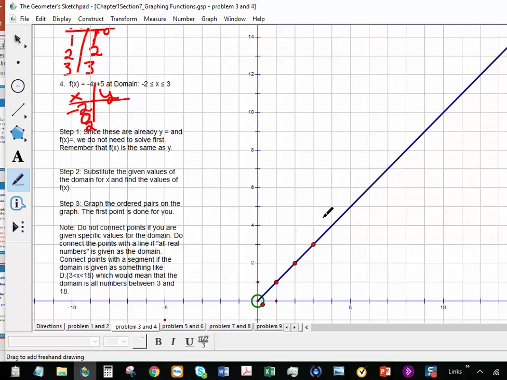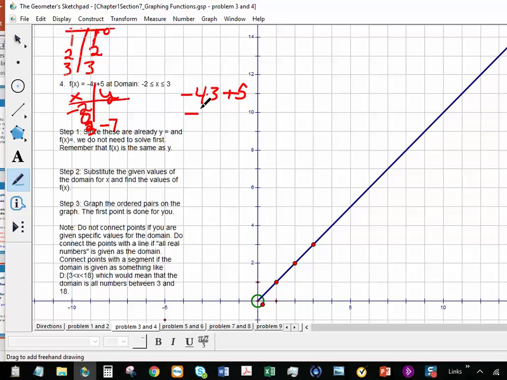And when I plug these points in, then I'll get my y values, but I should go all the way up to 3 so my point will show up on the graph. So at 3 I would have -4x plus 5. So I'd have -4 times 3 plus 5. -12 plus 5 is -7.